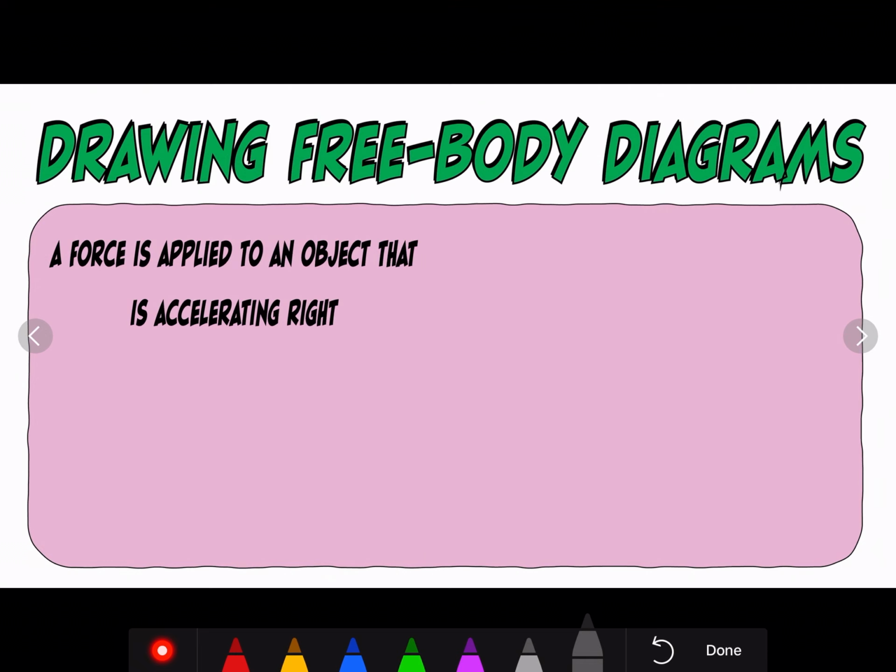A force is applied to an object that is accelerating right. So we have gravity going down and normal going up. The object is moving to the right, so we have an applied force that goes to the right.